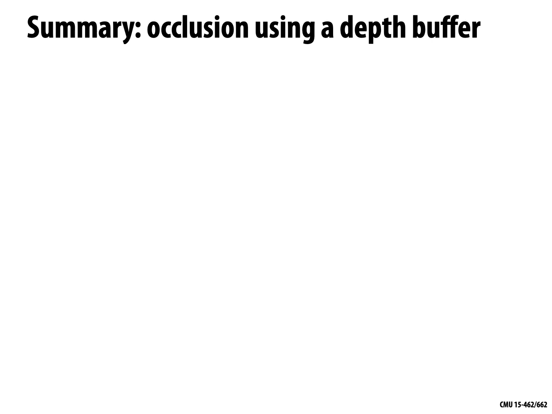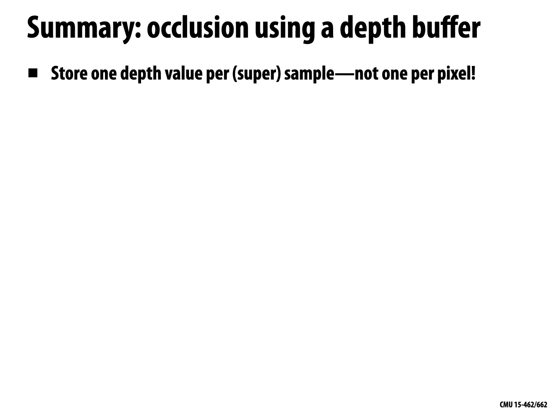All right. So to summarize, our depth buffer is going to store one depth value per supersample, not just one per pixel, right? Because we could have different depths at different supersamples. And what that means is we're adding constant additional space per sample.